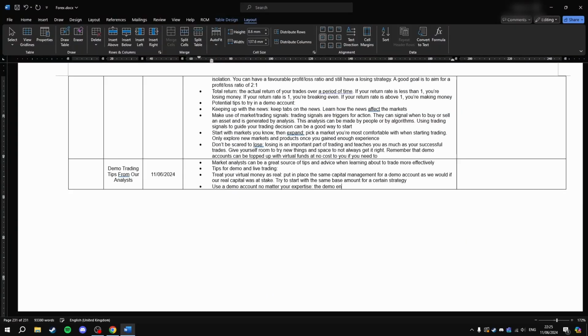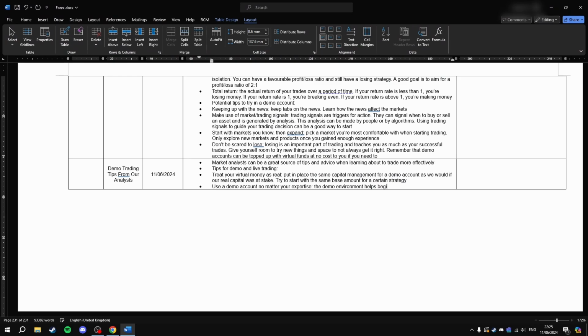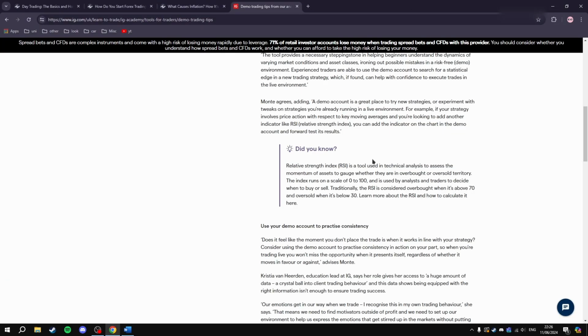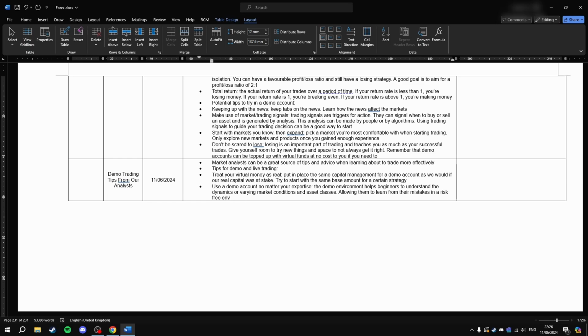The demo environment helps beginners to understand the dynamics of varying market conditions and asset classes, allowing them to learn from their mistakes in a risk-free environment.